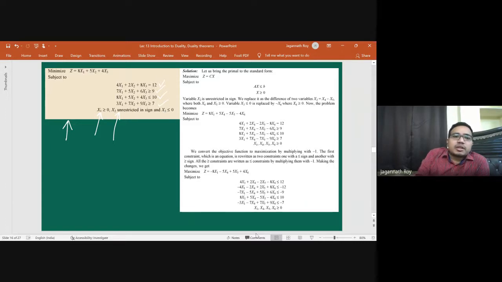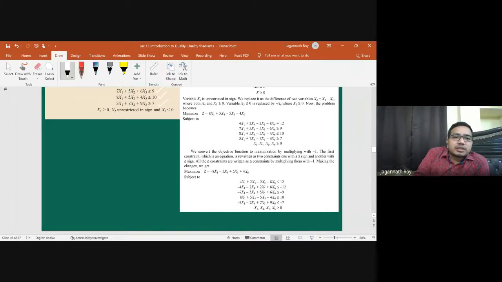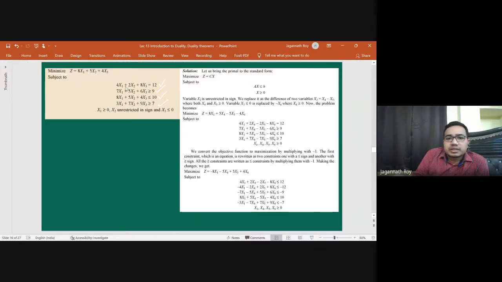So what will be the dual of this problem? This is given as a minimization problem, so the first task is to make it a maximization.